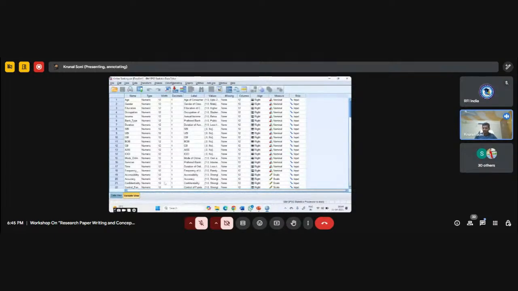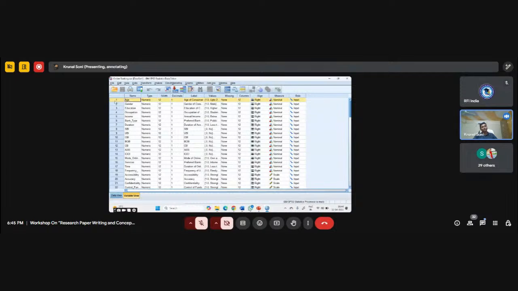Okay, now you can see the data, right? Can you see this data? Yes, sir. Okay, so in the first few parts there were some variables called demographic profiles. As you can see, age, gender, education, occupation, income, right?